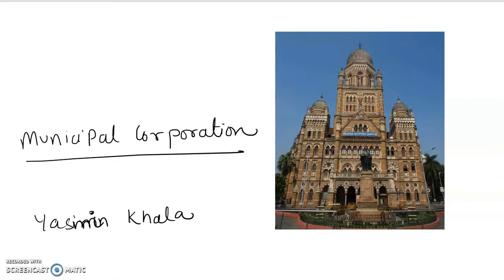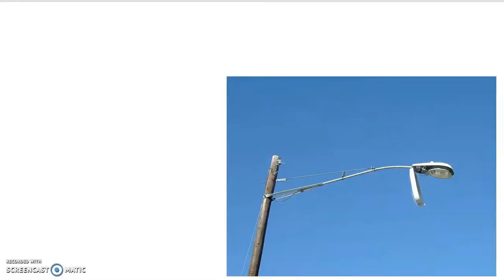So the kids decided that, okay, we are going to go to Yasmin Khala's house and we're going to ask her, please help us with it. So she lived in the same lane, and the kids went there. So Yasmin Khala started to explain that there's no one person whom you're supposed to pay the money. There is this big organization called Municipal Corporation that takes care of the street lights.